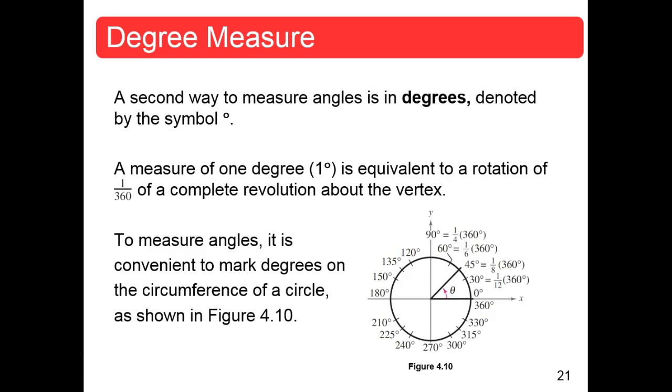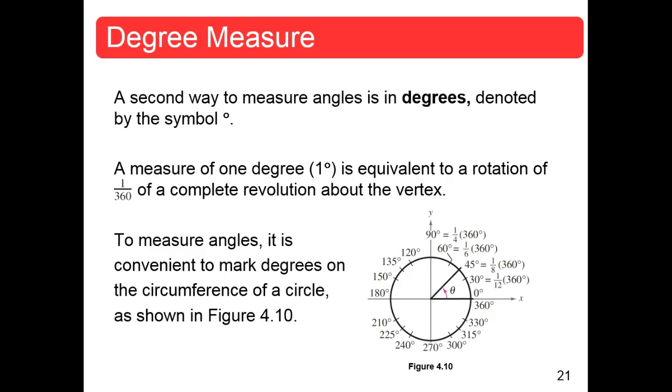The degree is represented by that little superscript bubble, like a temperature degree. If you ever have an angle referenced as a number without that symbol, it's radians. With that symbol, it's degrees.